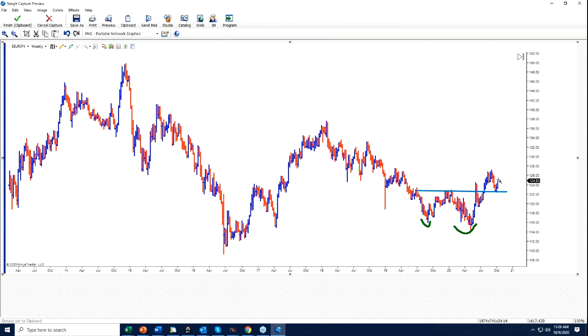So it looks like there's still more momentum to the upside here. So 130 is where that major resistance level comes in, or maybe even a little lower, right around this 127.